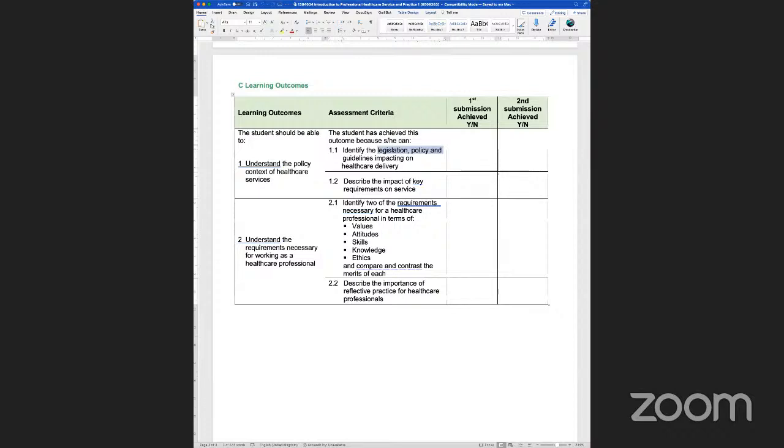That means you are going to do a bit of an analysis by doing a reflection on what qualities and skills you have to take up this particular profession. And that is what is going to be involved when we look at describing the importance of reflective practice and understanding how we make sure that the services that we deliver are going to adhere to some sort of a code which is required to work as an effective health and social care professional.